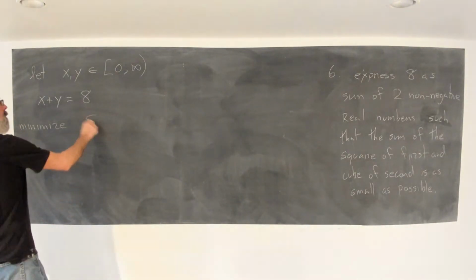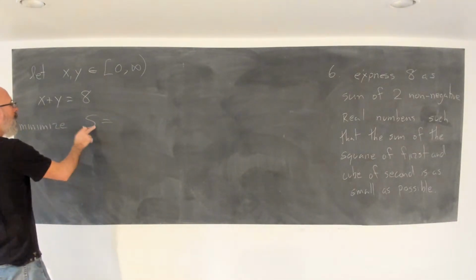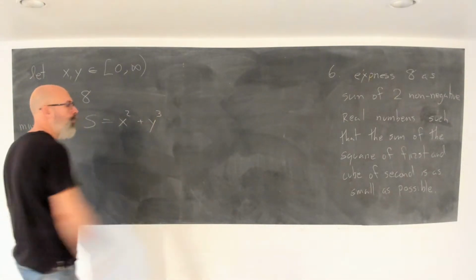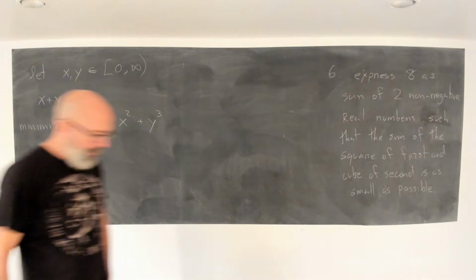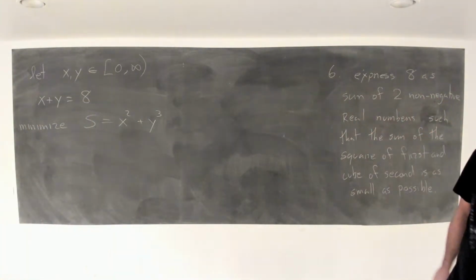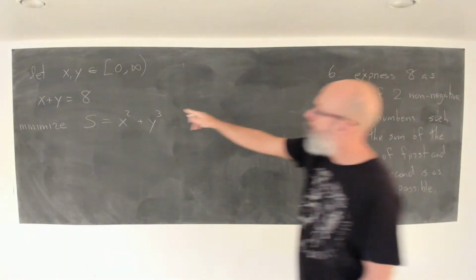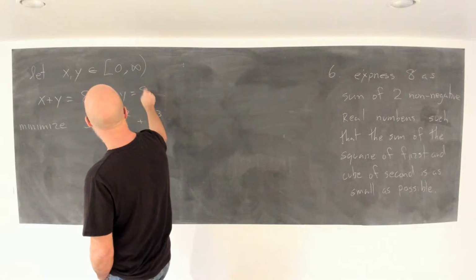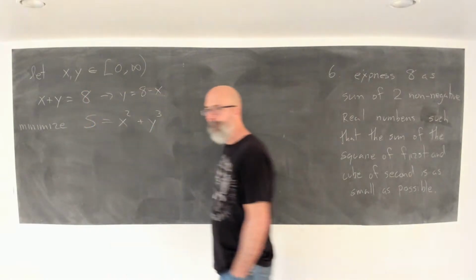Let's call it S. Minimize S, the sum of the square of the first one and the cube of the second. This is what we want to minimize. And of course, from here, we see that y is 8 minus x.